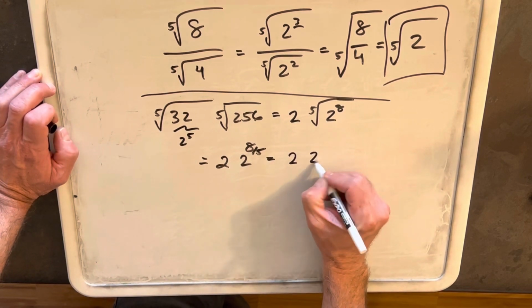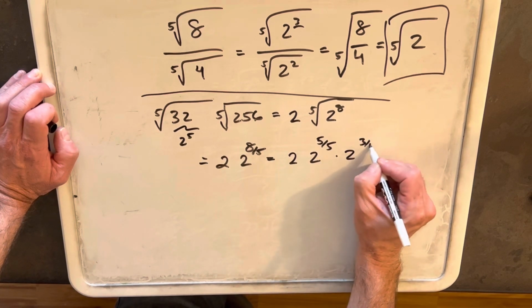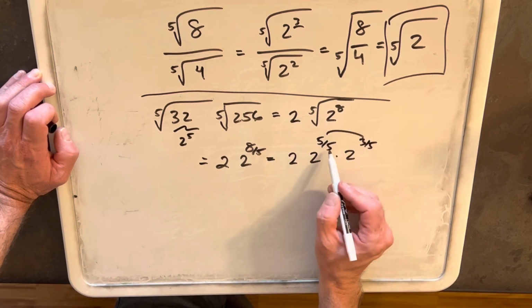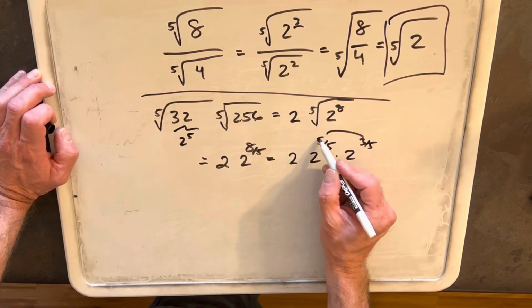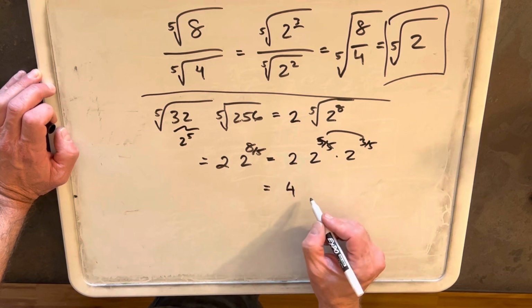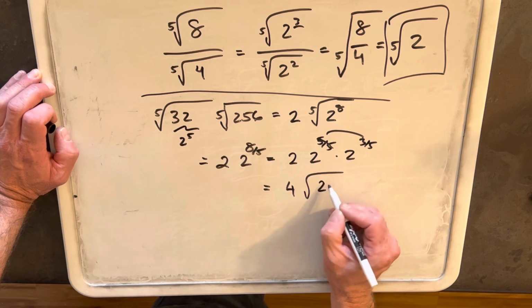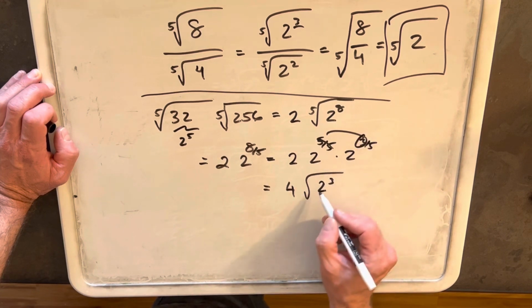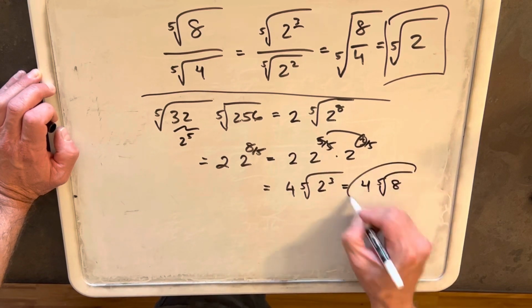But we can simplify it like this, right? Because when we multiply this together, we add exponents and we get 5/5 plus 3/5 is 8/5. But this is just a 1. So we end up with 4 times 2 to the 3rd, right? Putting this back together as a radical, that's just going to be 4 times the 5th root of 8.